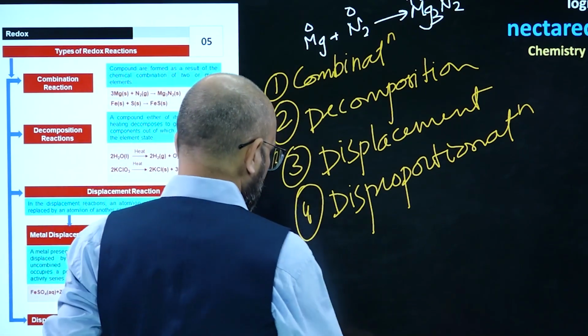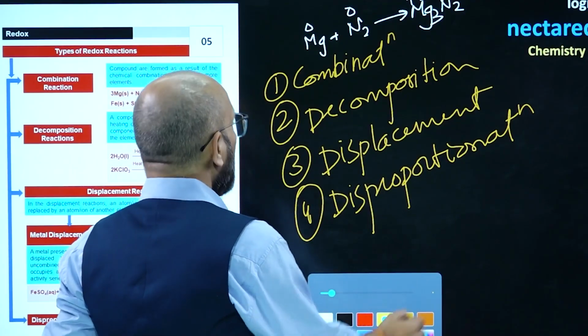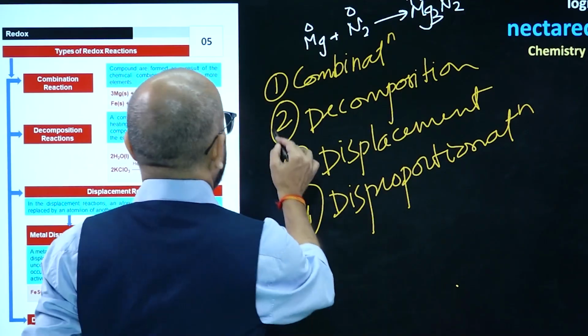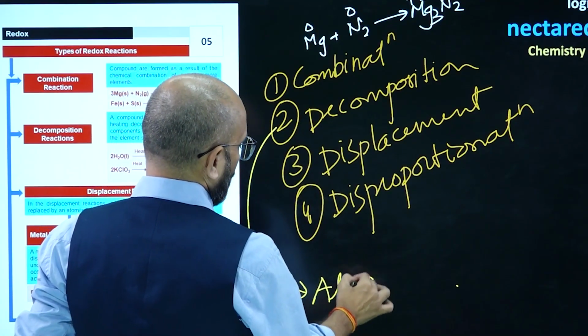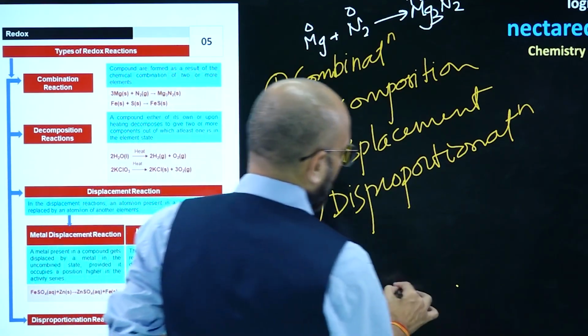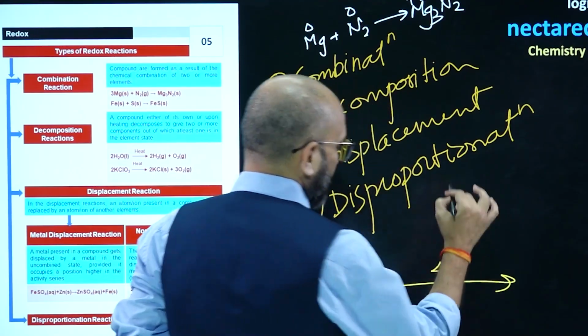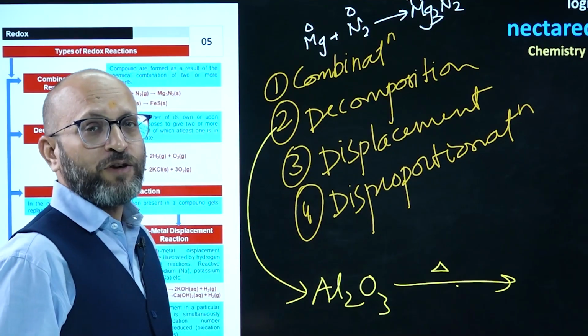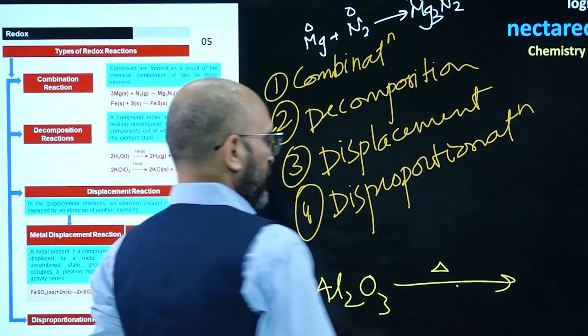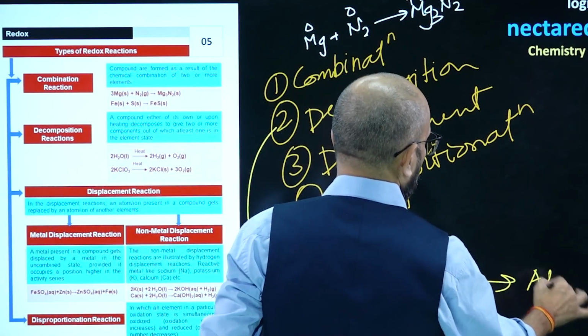Similarly, for a decomposition reaction, if I have Al2O3 and it is thermally heated, it will break down into aluminum and oxygen.